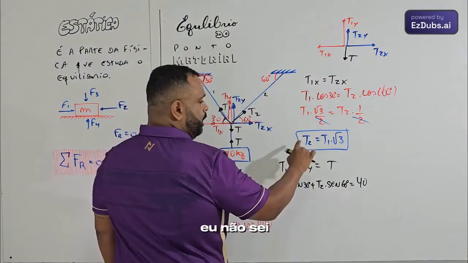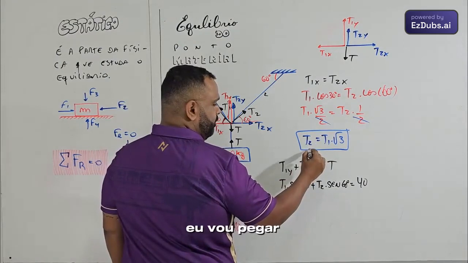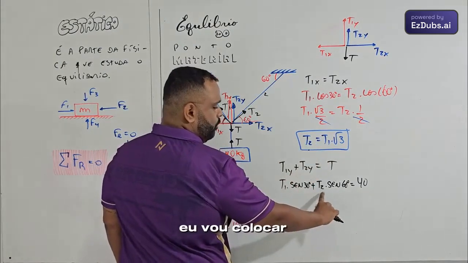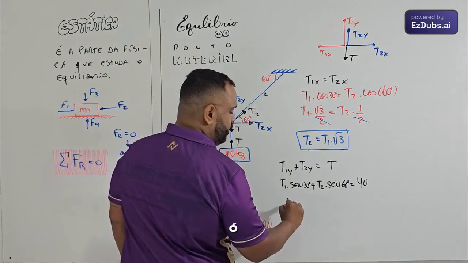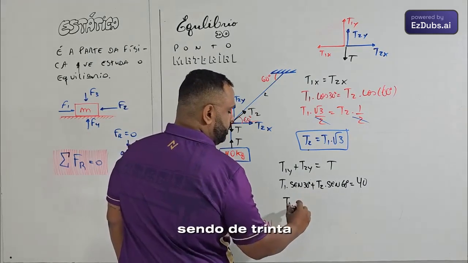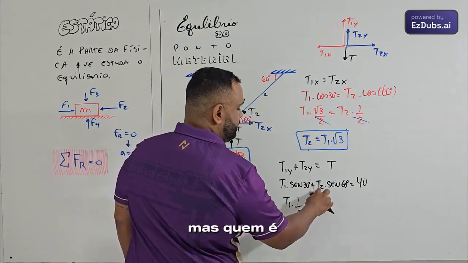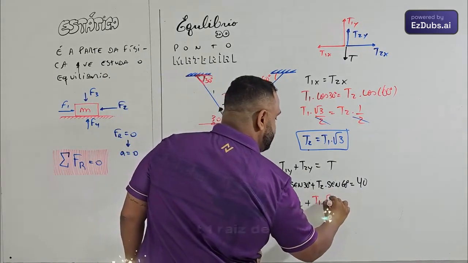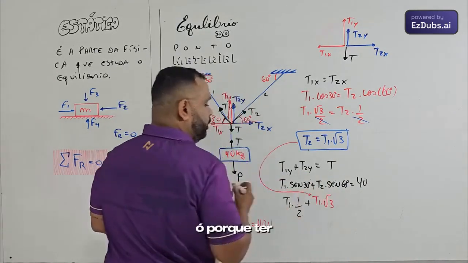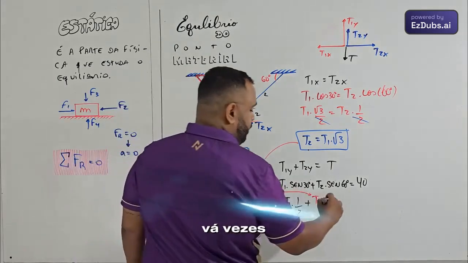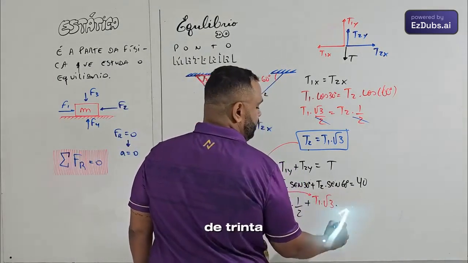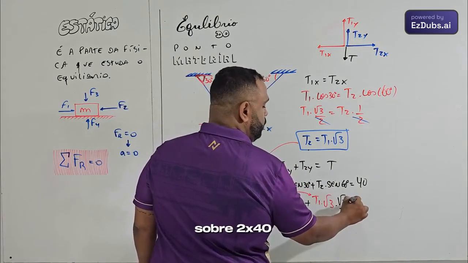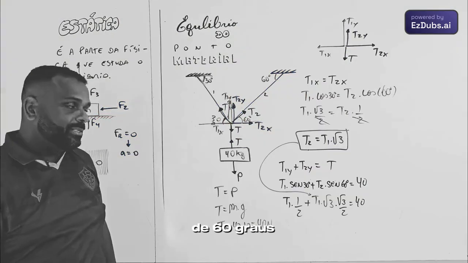Come with me. I don't know what T2 is worth. I'm going to take this T2 here. I'm going to put it in here, so it will look like this. T1 times sine of 30 is 1 over 2. But who is T2? T2 is worth T1 root of 3. I took it and put it here, because T2 is worth that. Go, times the sine of 60, root 3 over 2, equals 40.